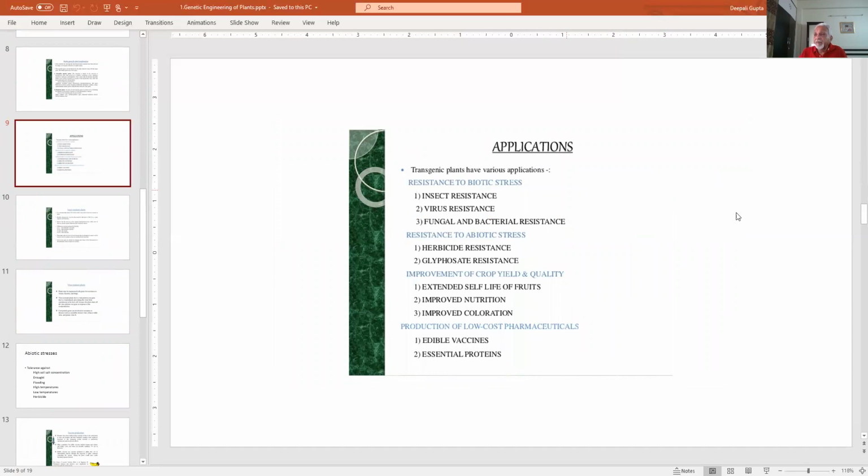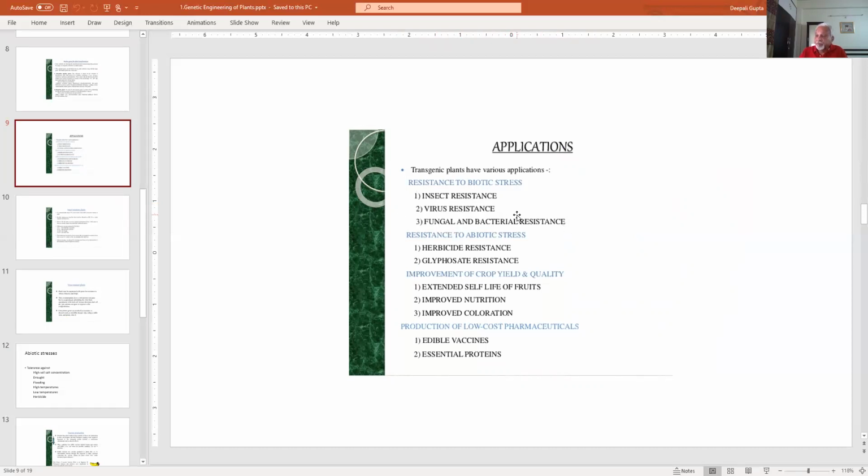Now, as I mentioned at the beginning, these are the applications. You generate transgenic plants for resistance against biotic stresses, where you have insect resistance, virus resistance, and fungal and bacterial resistance. These are the factors which affect plant productivity in the field, because crop plants are infested by different kinds of insects, and then you have viruses, fungus, and bacteria, which cause different kinds of diseases.